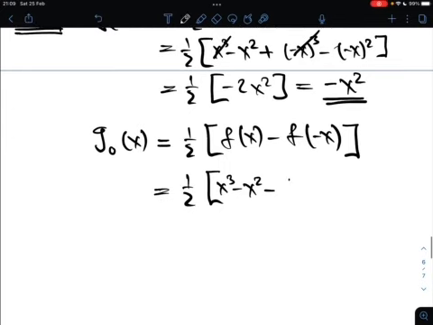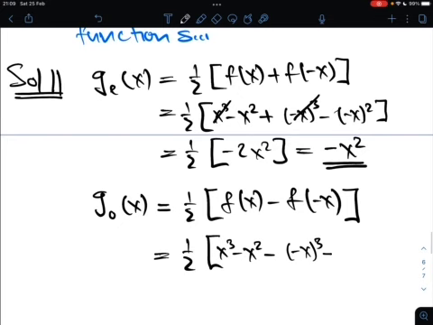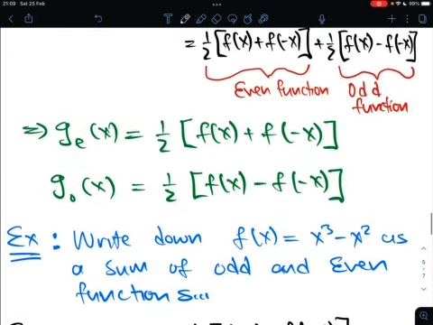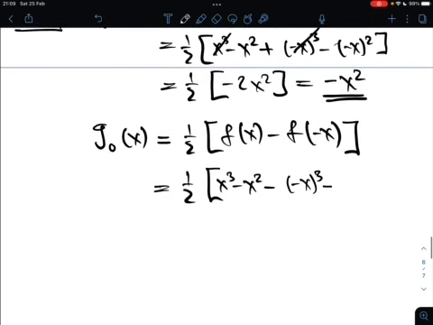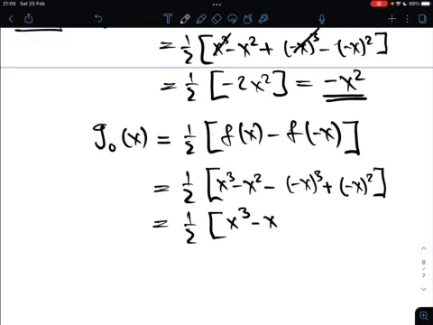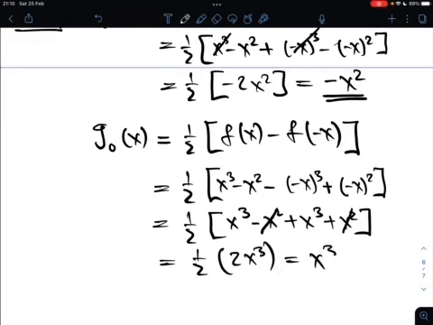It is negative x cubed, then minus again, but this is going to be plus, negative x squared, like that. Then we simply get half of x cubed minus x squared plus x cubed plus x squared. So we see the x squared terms vanish and we just get half times 2x cubed, which is x cubed.